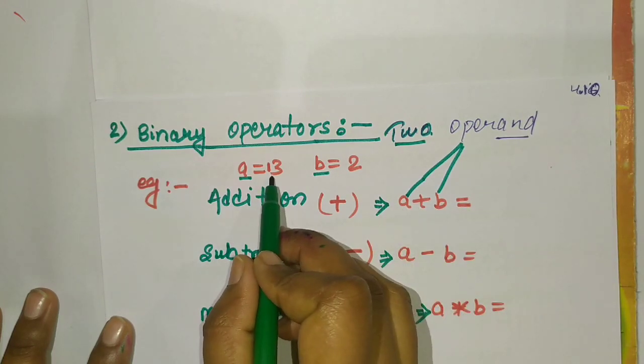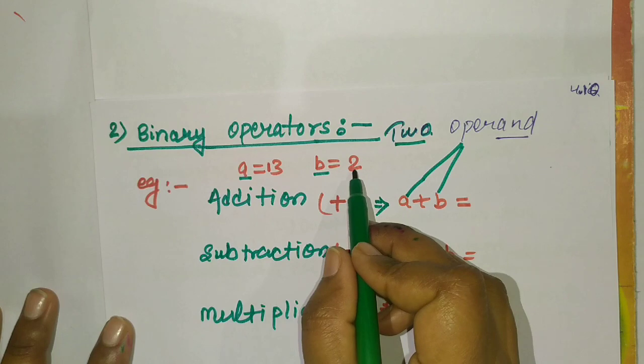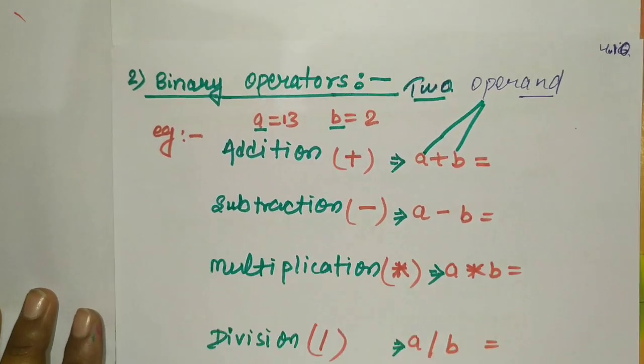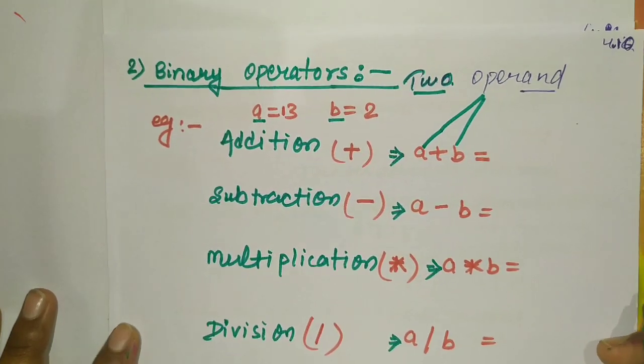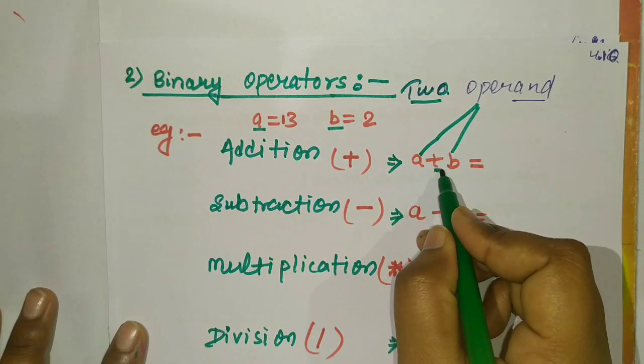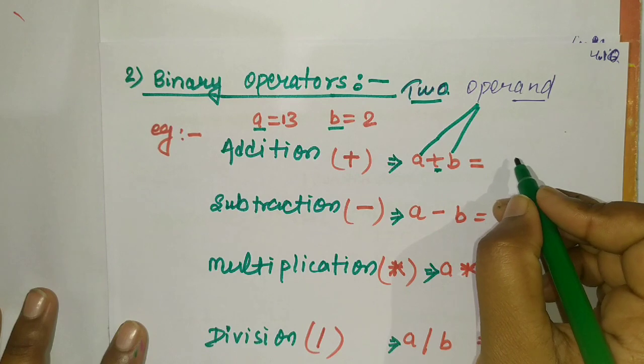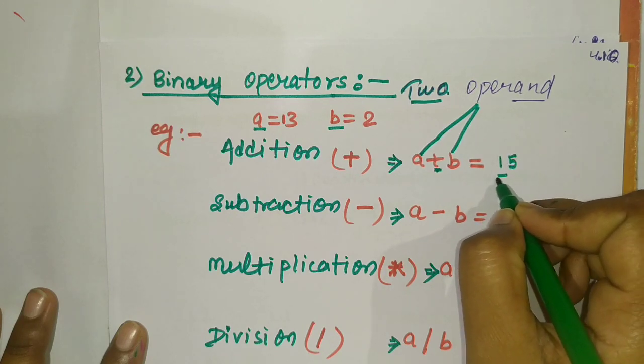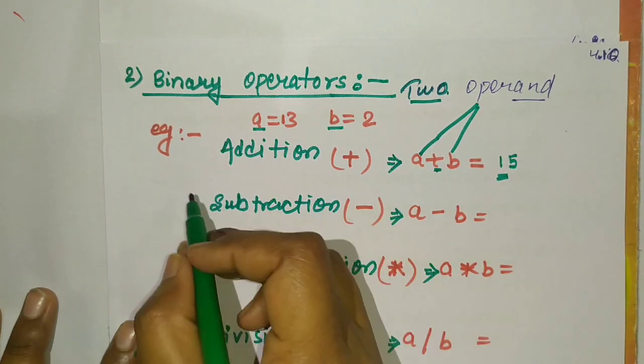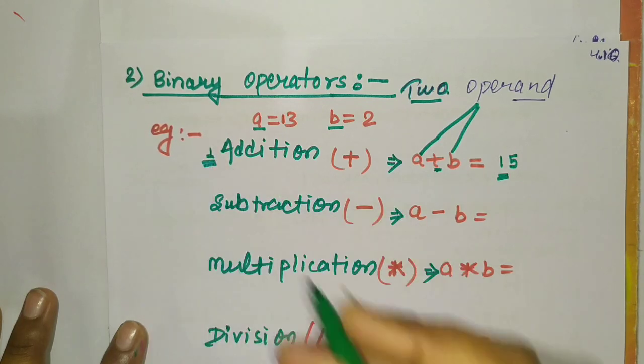Here the value of A is 13 and the value of B is 2. So the binary addition operator, A plus B. What is the value of A plus B? That means 13 plus 2, so the answer is 15. This is the first operator.